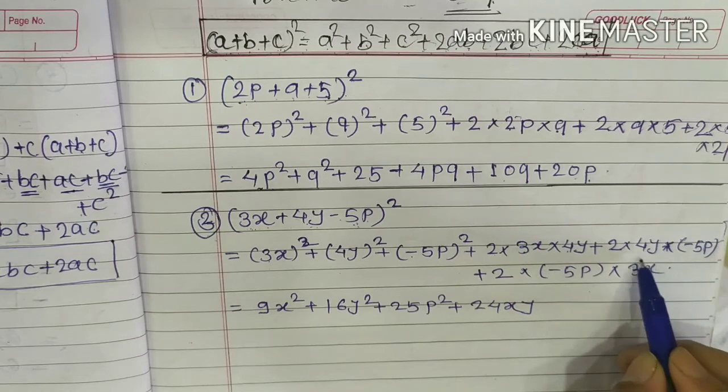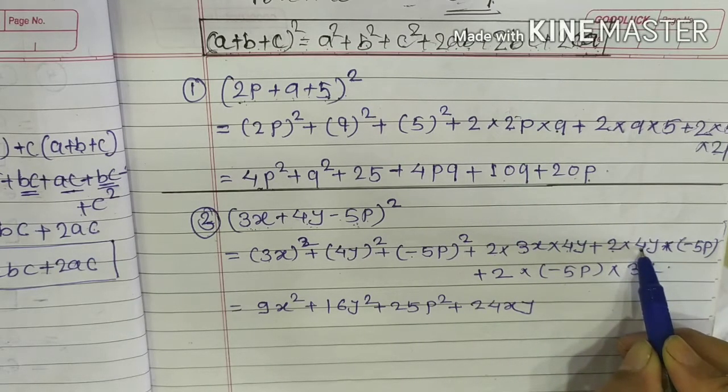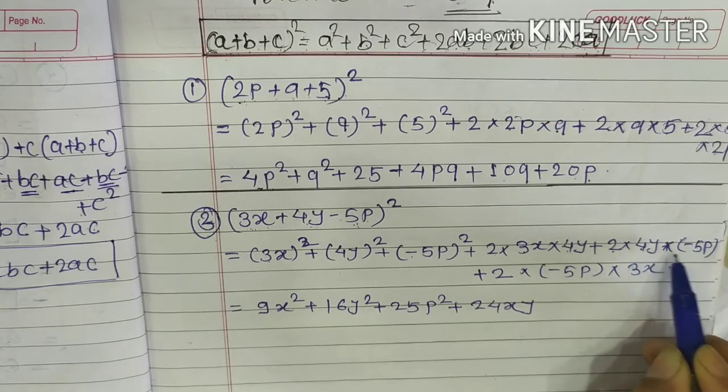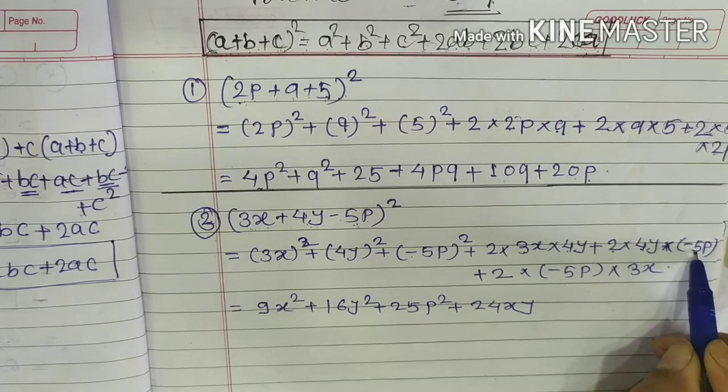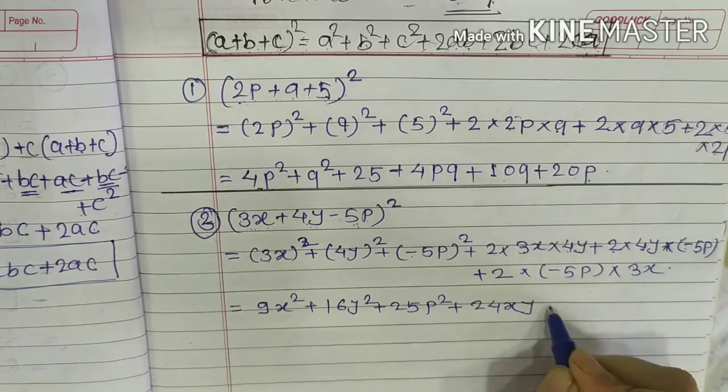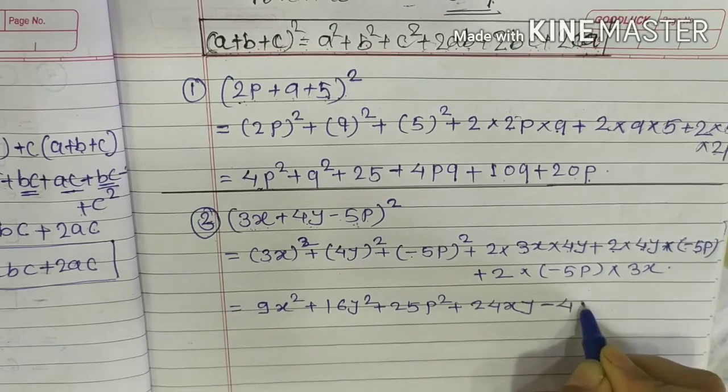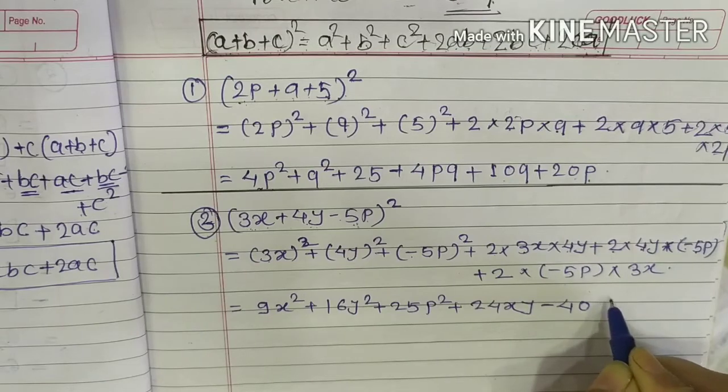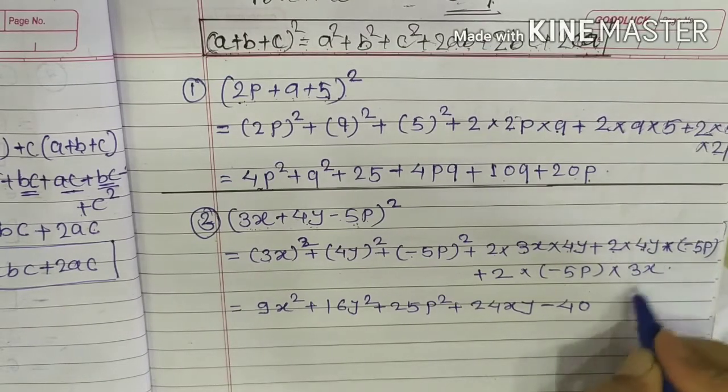Then next, 2 into 4, 8, 8 into 5, that is 40, but here is a minus sign, hence minus 40yp.